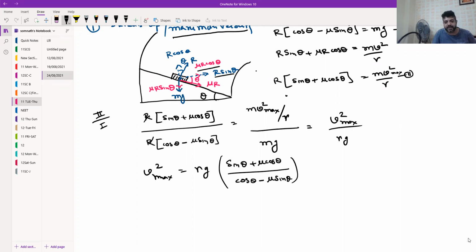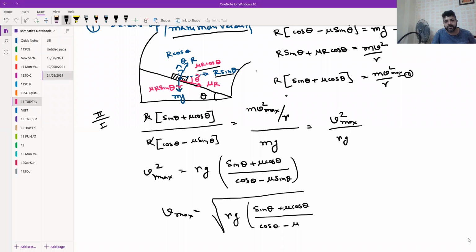So v max is root under r g times sin theta plus mu cos theta by cos theta minus mu sin theta.